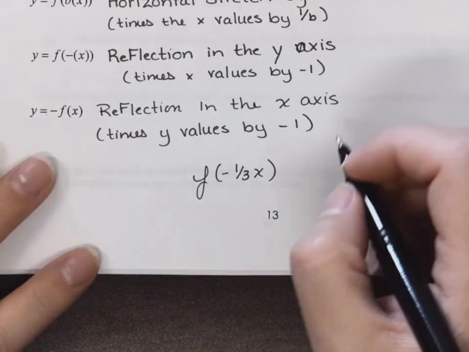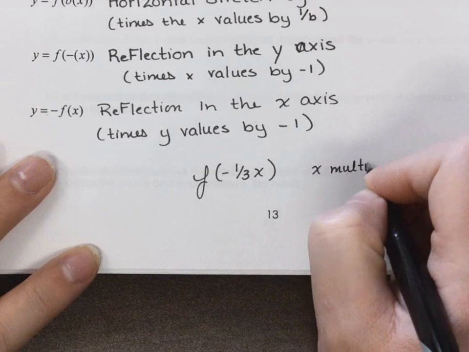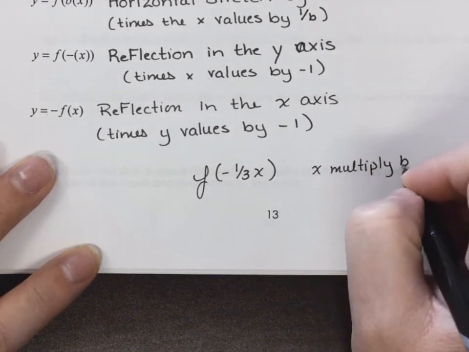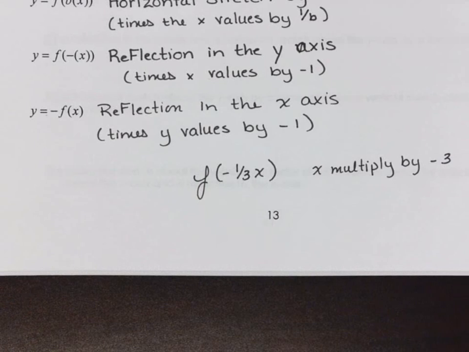So really what you could do is take your x values and multiply them by -3 here. I wouldn't expect you to stretch it, then flip it. Do it all at once, right? But just know you're going to get that horizontal stretch and you're going to get it flipped along the y-axis.